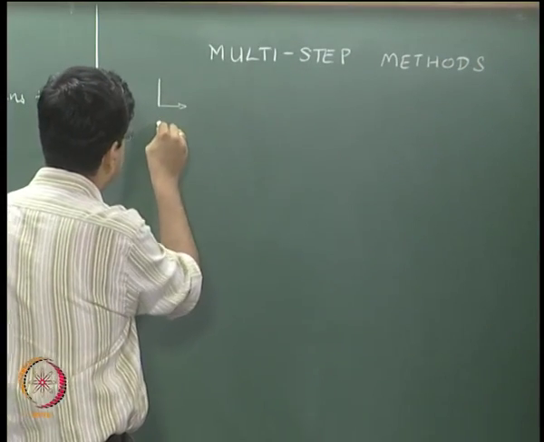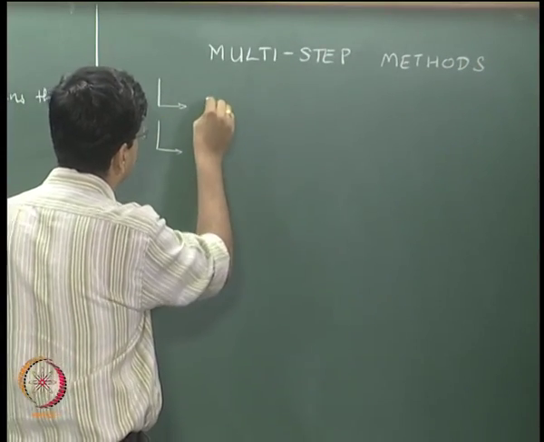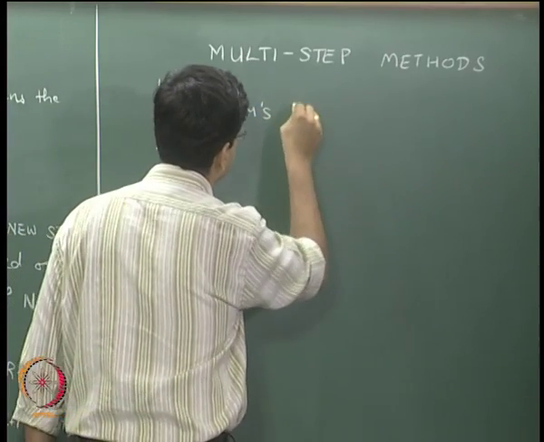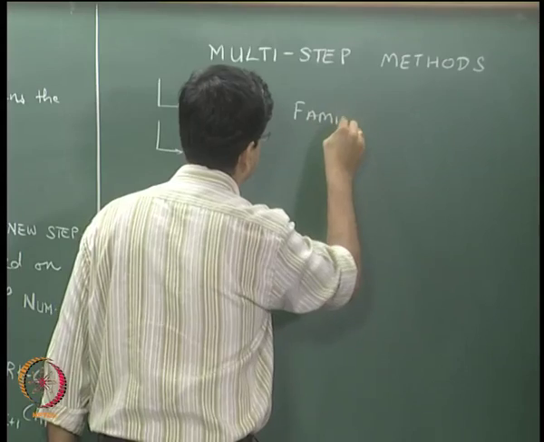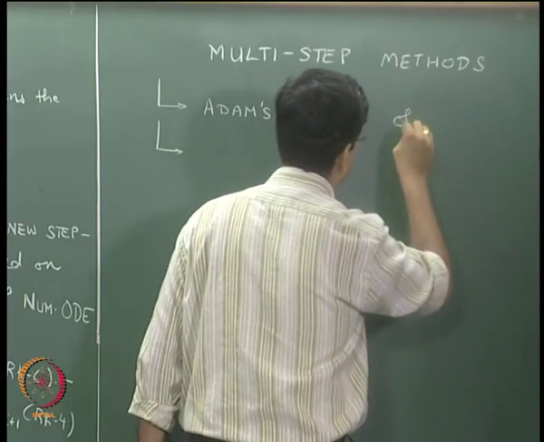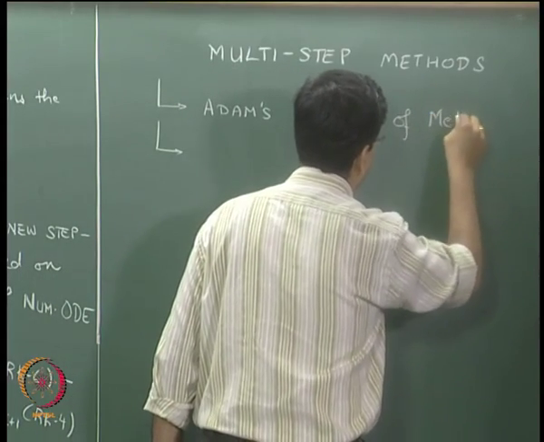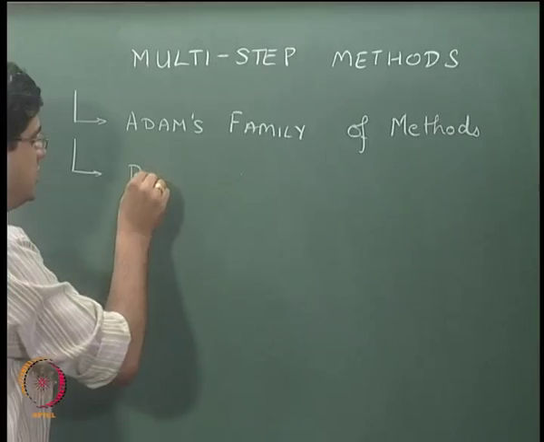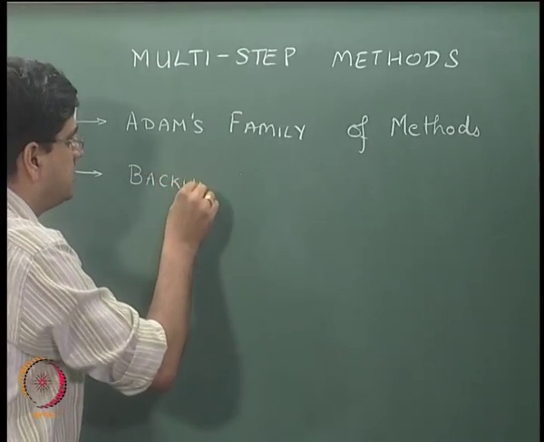In the multi-step methods, there are two types. One would be the Adams family of methods, and the other one is the backward difference formula.